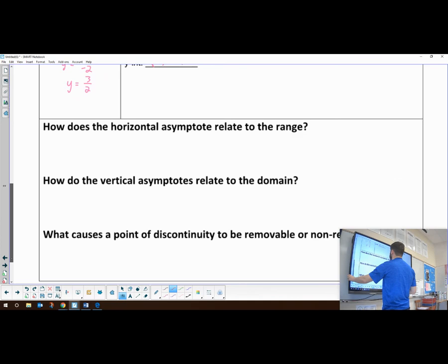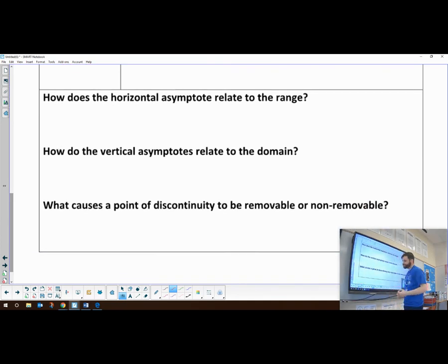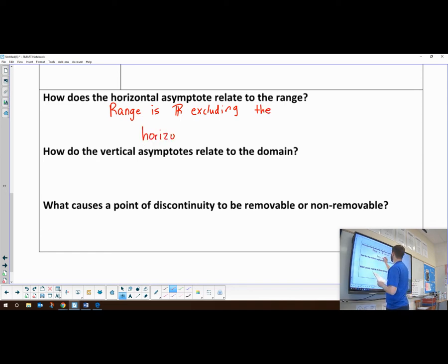All right, so now let's answer some of these questions down here on the bottom, and then we'll be finished. So first up, how does the horizontal asymptote relate to the range? Well, remember, my range is all real numbers excluding the horizontal asymptote. Okay?